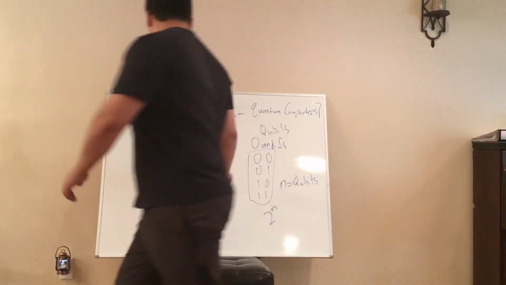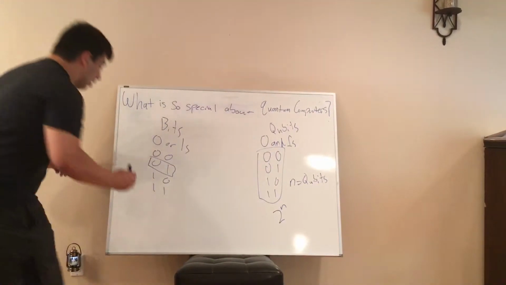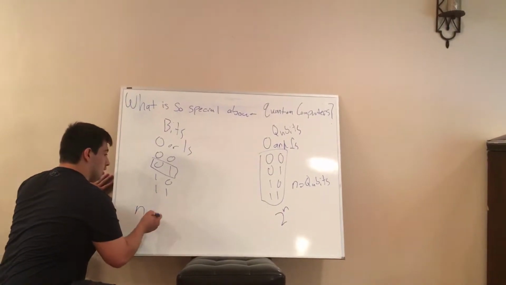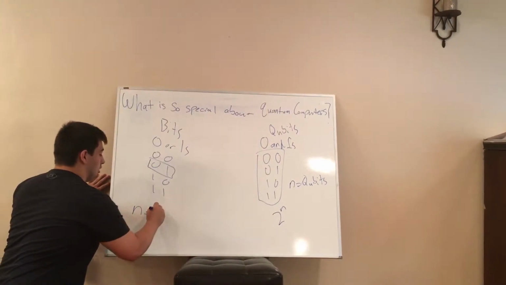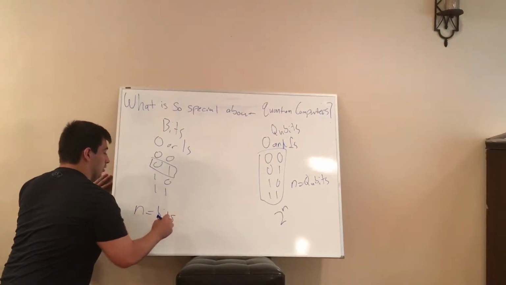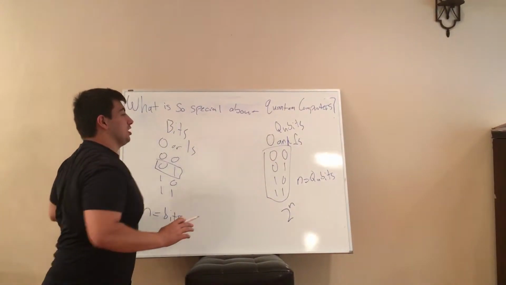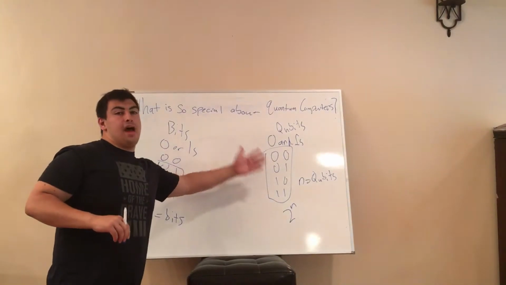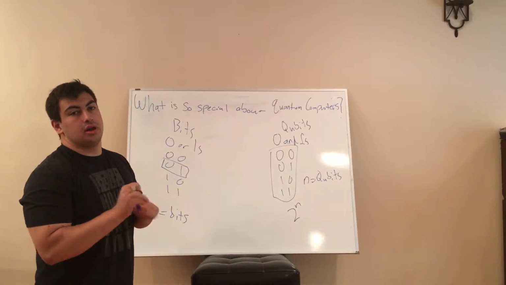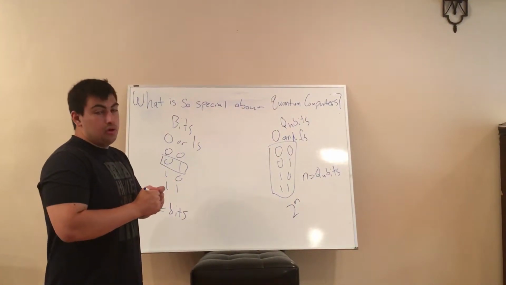And this only scales normally, where n is equal to the number of bits. So this only scales 1 to 1, whereas this one scales exponentially. So you have a massive amount of power contained in a very small amount of qubits.